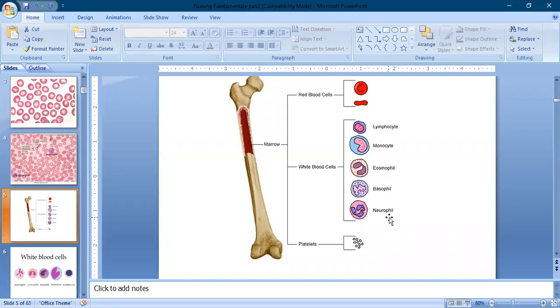So the total percentage of neutrophil is bigger than any other, there is a larger number of neutrophils. So when bacteria attack your body, neutrophils come first to fight. Why?